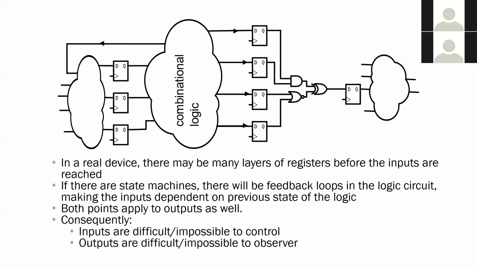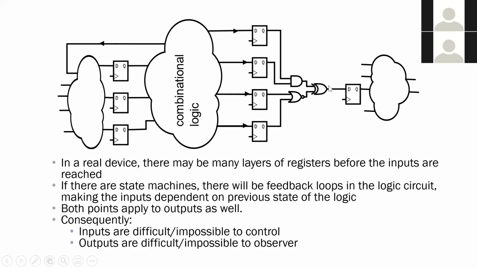Okay? And the moment you lose controllability on inputs of combinational logic, or you lose controllability to anything, it becomes difficult to test that thing. Similarly, if you lose observability on anything, it becomes difficult to catch a defect. So here, if you look at the output of the XOR gate, it goes to a flip-flop. That flip-flop's output can be an input to some combinational logic, and there might be many levels of logic after this, many stages of flop followed by combinational logic.